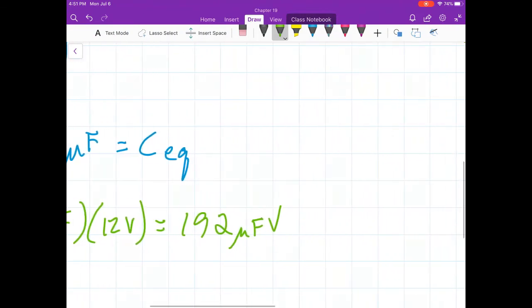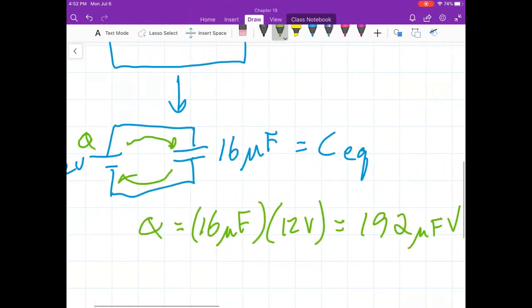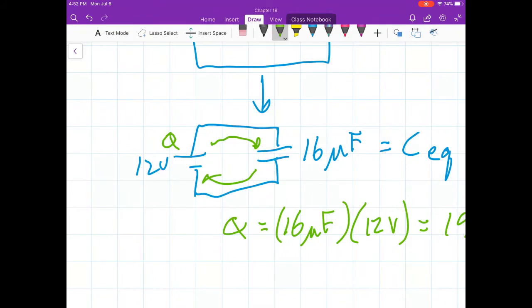We kept the micro in there; it's really 192 times 10 to the minus 6, but I don't need to convert that. This is equal to 192 microcoulomb. Remember, C has been used twice: in the unit it means coulomb, and in the equation it means capacitance. So 192 microcoulomb left that battery, went through the circuit, and came back.